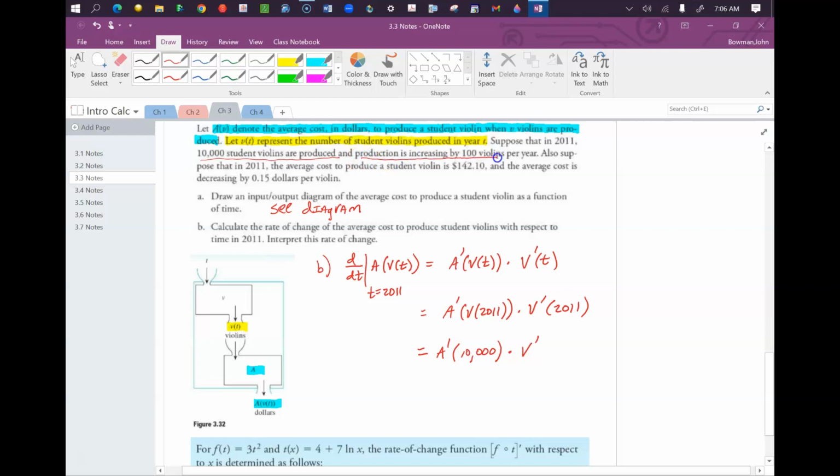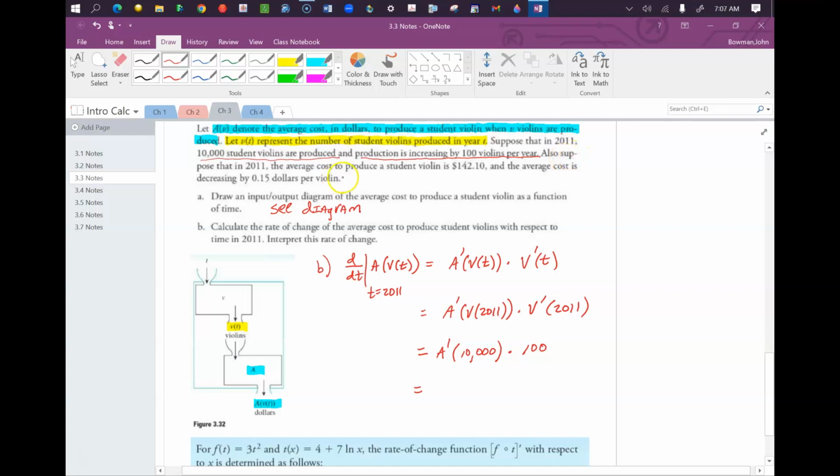Production is increasing by 100 violins per year. So that's the V function. So V prime of 2011 is equal to 100. So we're going to write that down, 100. Now, the only thing we need to find is the derivative of A at 10,000. So that's V's rate of change in 2011.